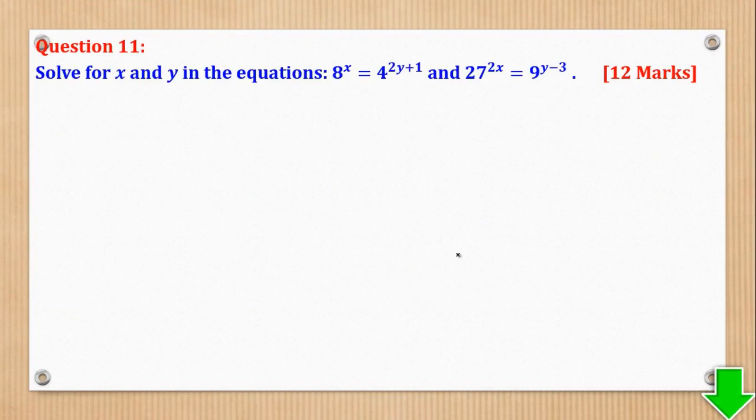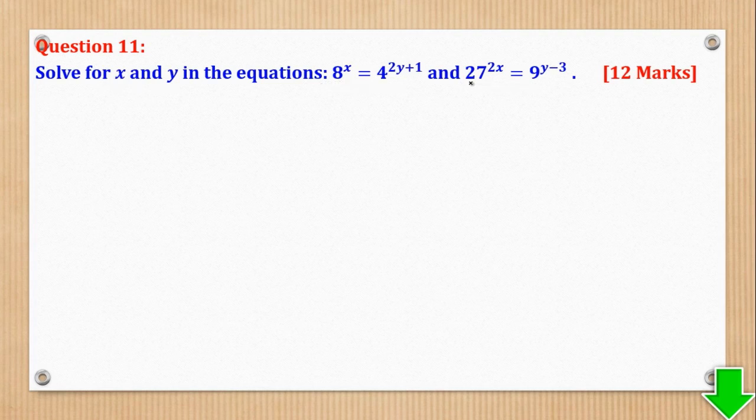That was question 10. Now we shall go to question 11. Remember I told you section A has 10 questions, 4 marks each. And now we have begun section B, which has 7 questions and 12 marks each. So question 11 says, solve for x and y in these equations.